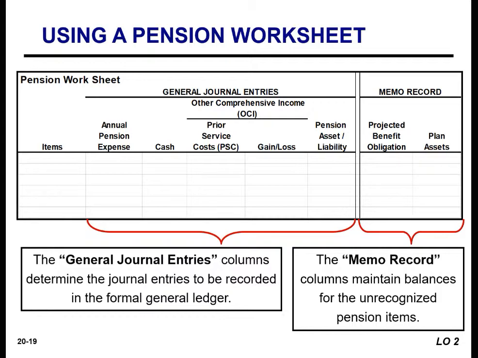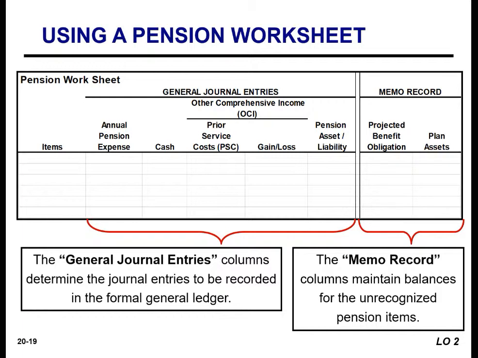On the first line of the worksheet, the beginning balances, if any, are entered. Subsequently, transactions and events related to the pension plan are recorded using debits and credits, using both records. For each transaction or event, the debits must equal the credits.